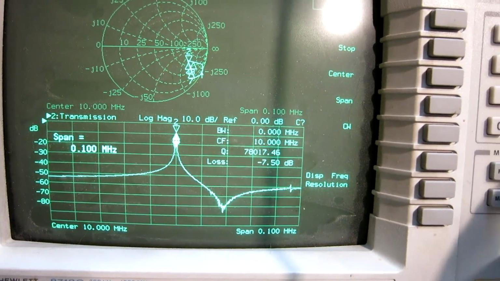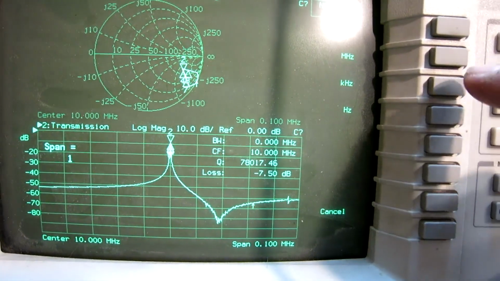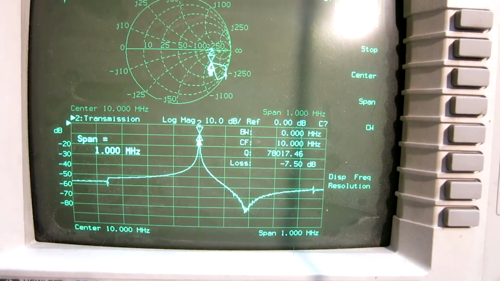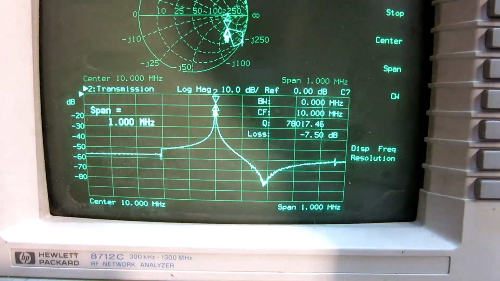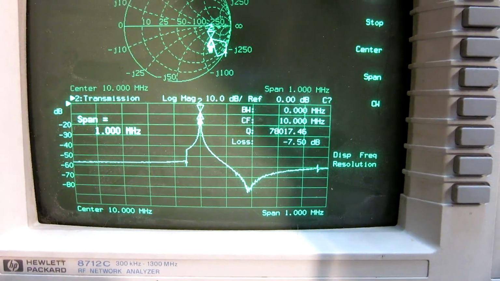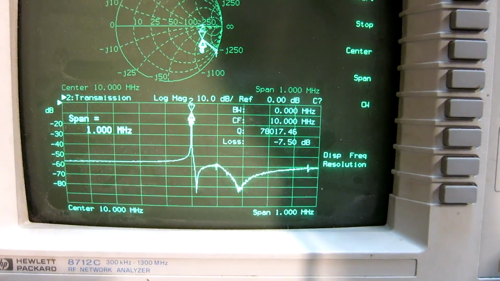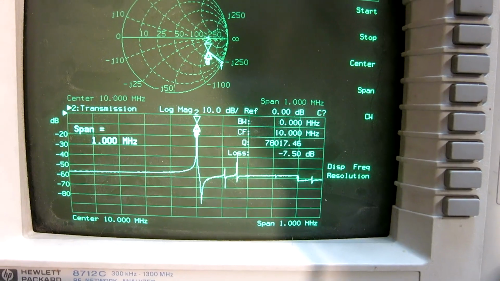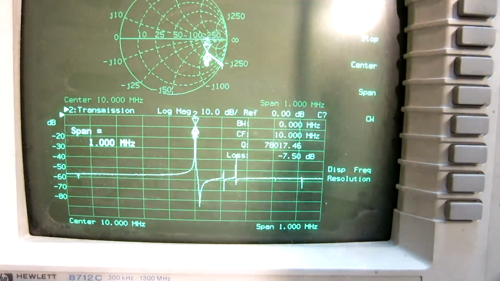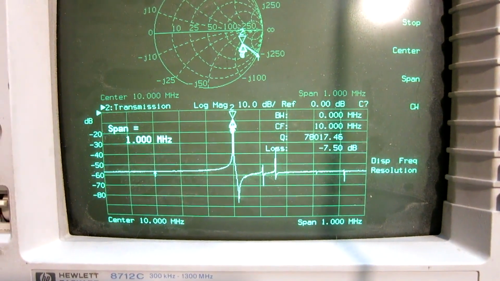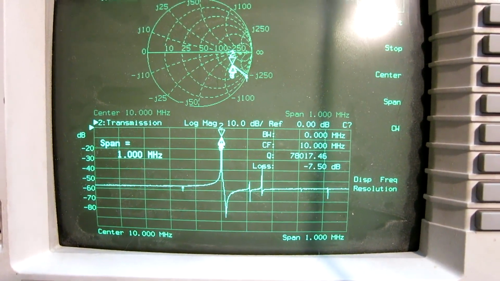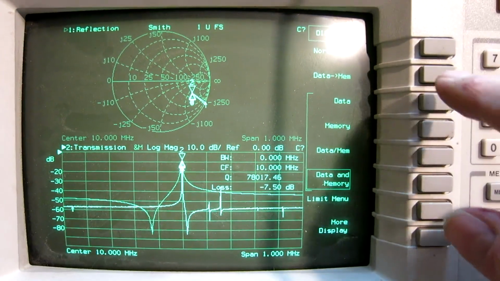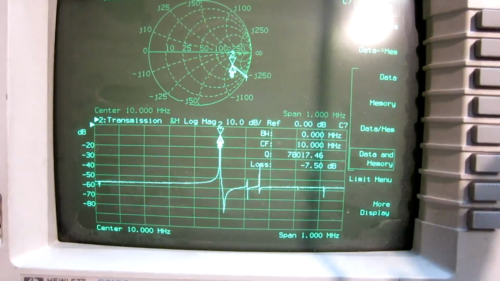I increased the span even more, 1 megahertz. And you can see spurious resonances, there are always some of those. So I save this display, data and memory, and save this.